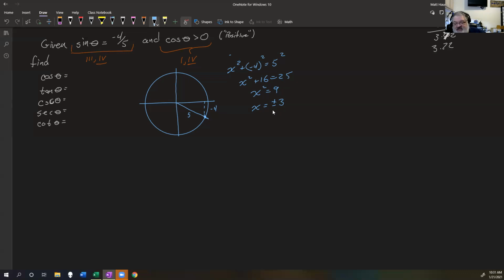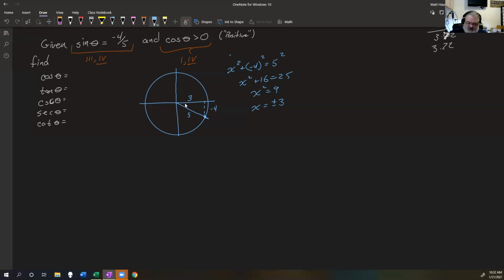So if you said 3 because you went, I know it's plus or minus, but I'm taking the positive version because I'm in quadrant 4, yay. If there was any other reason you just said 3, boo. Fair? Good. So because we know the quadrant, we get to assign which one it is.